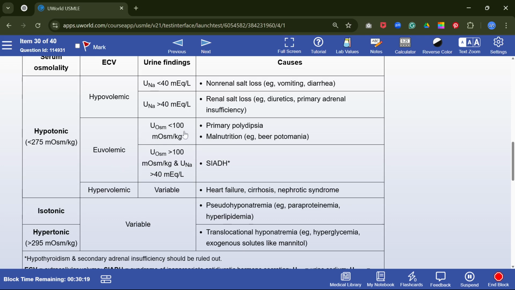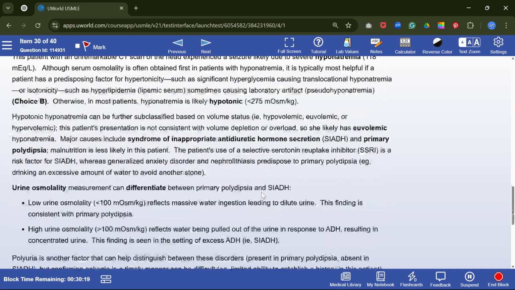If it is euvolemic, then if urine osmolarity is less than 100 milliosmol per kg, it is PM, like primary polydipsia and malnutrition. If urine osmolarity is more than 100 and urine sodium is more than 40, it is SIADH, and hypervolemic is heart failure, cirrhosis, and nephrotic syndrome.